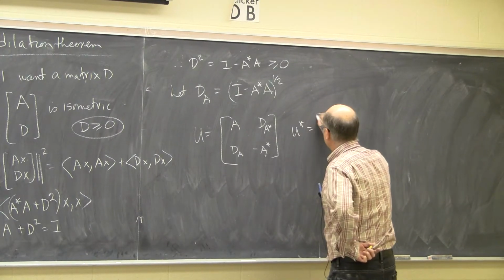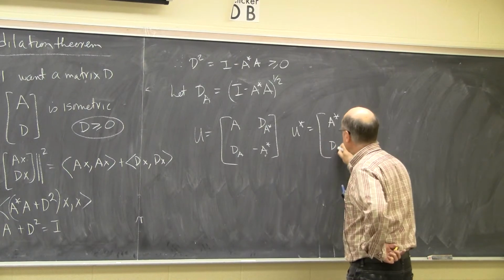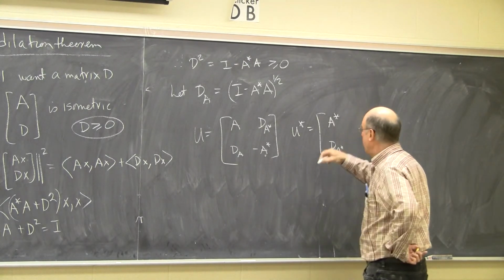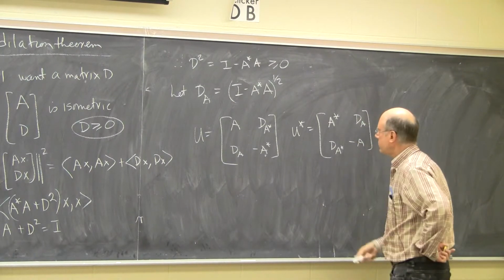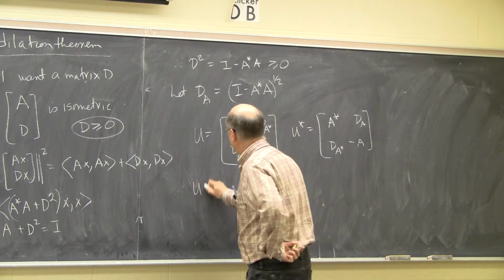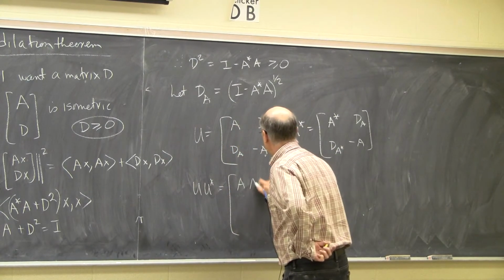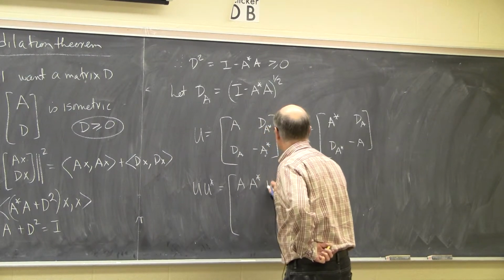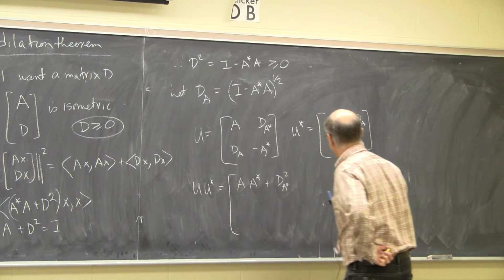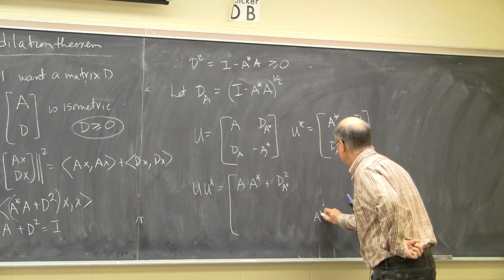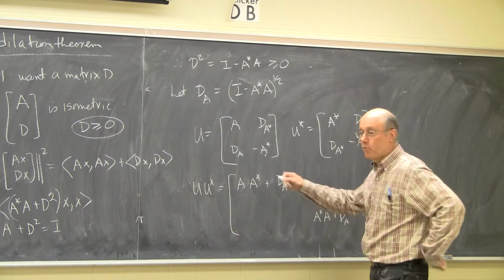U star is equal to A star, D_A star goes down here, and D_A goes up here, and here I have minus A. So if I multiply them, you get AA star plus D_A star squared there, and down here we get A star A plus D_A squared. So those are both the identity.